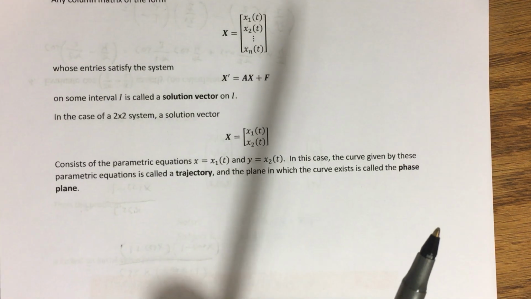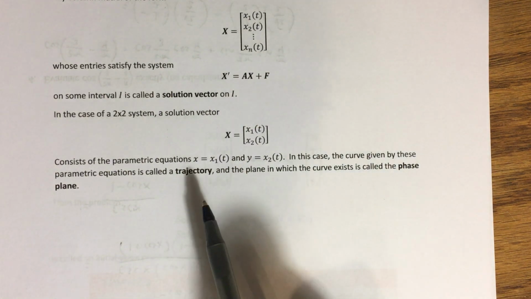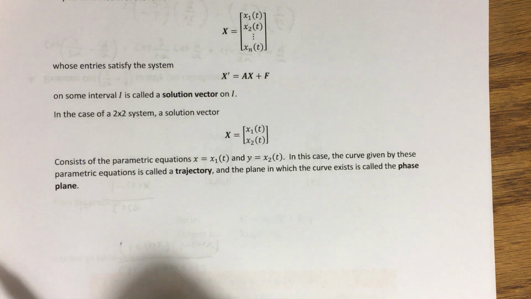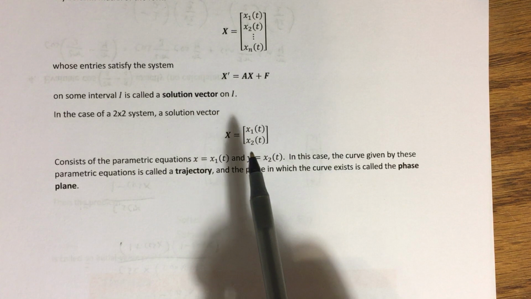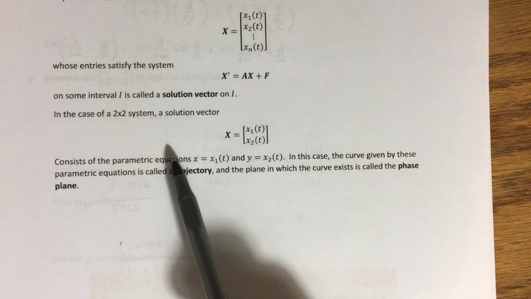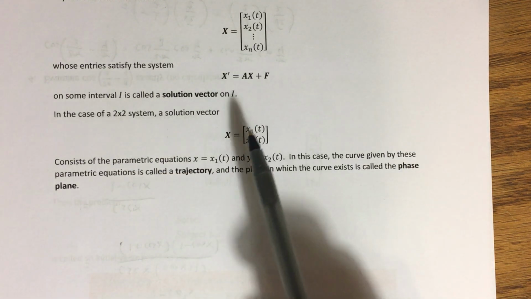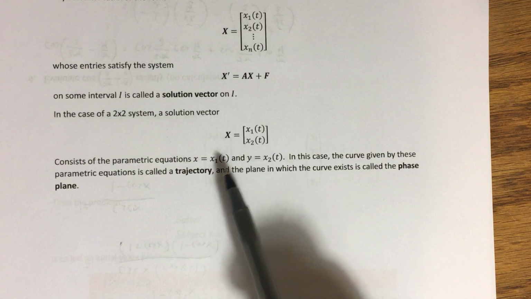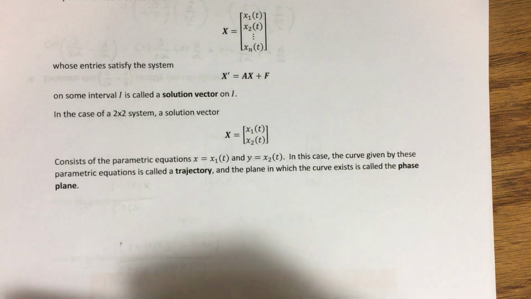Okay? And we're going to single out the case of a 2x2 system just for a second. We're going to be primarily looking at 2x2 systems and some 3x3 systems in this chapter. But let's suppose that we have a solution vector for a 2x2 system of differential equations. Then the solution vector will be a 2x1 matrix because there's only 2 unknowns to solve for, x1 and x2.